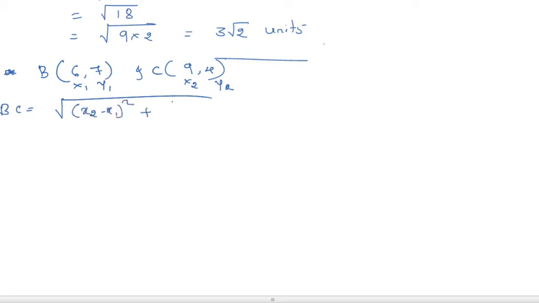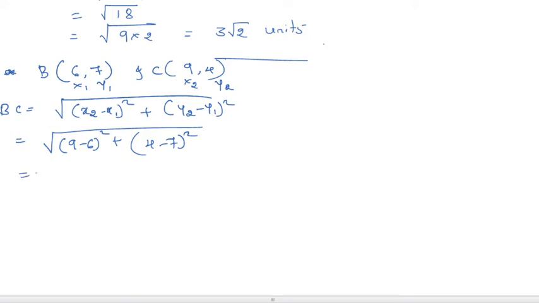plus (y2 minus y1) square, which is equal to square root of (9 minus 6) square plus (4 minus 7) square, which is equal to square root of 3 square plus, 4 minus 7 is minus 3, so minus 3 bracket square.